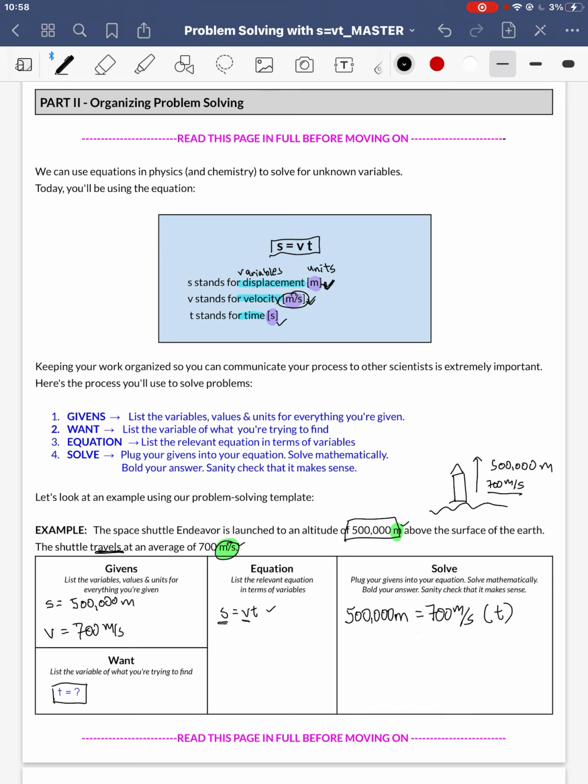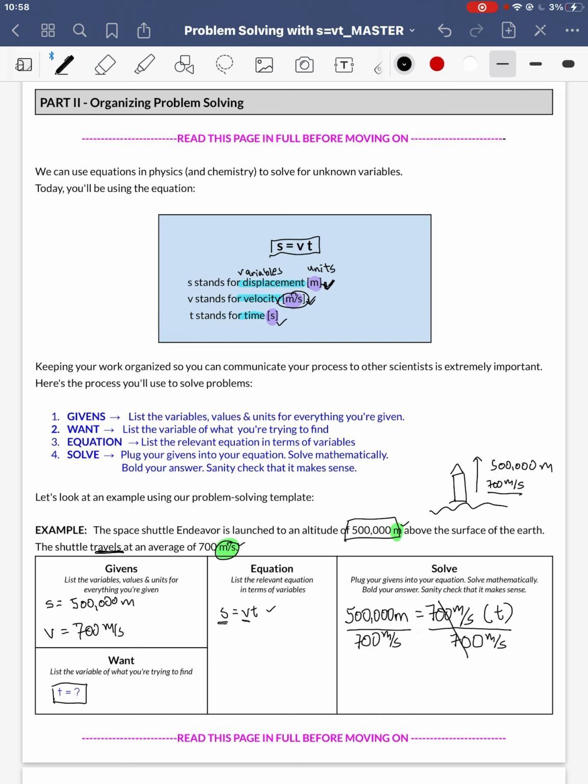So just like in math class, I need to get the T all by itself. I'm multiplying T by 700 meters per second. So in order to get the T all by itself, I'm going to divide by 700 meters per second. If I divide one side by 700 meters per second, well, I better divide the other side by 700 meters per second.